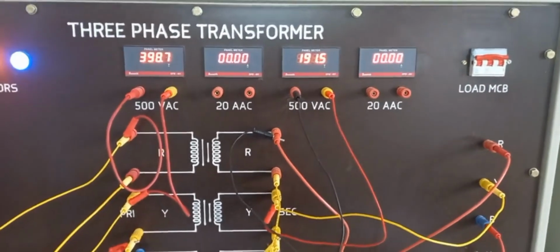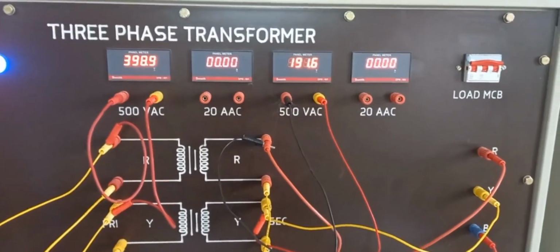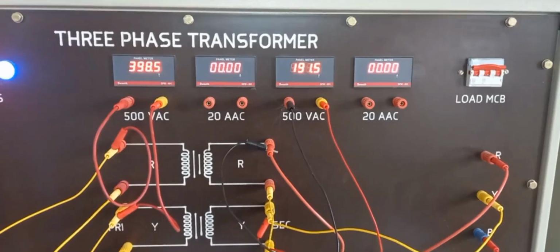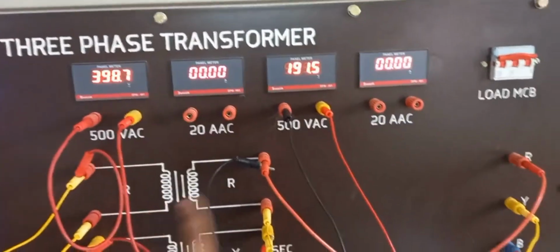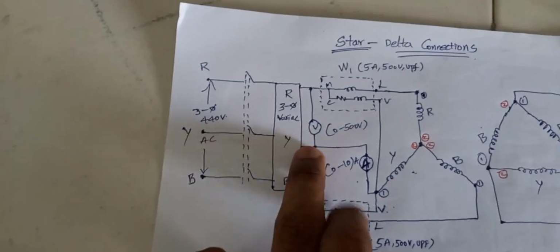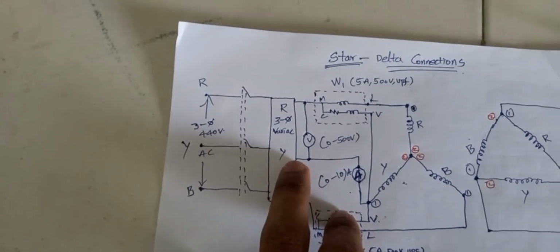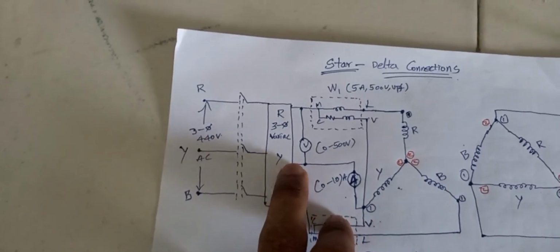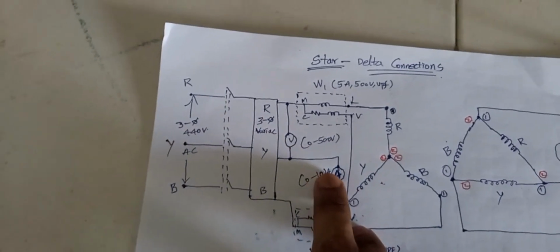Okay, then I am going to connect the ammeter also here, at primary side 1 ammeter and at secondary side 1 ammeter for this star connection. So you remember here we are going to connect the ammeter. Directly the Y phase is connected to the ammeter's first terminal.